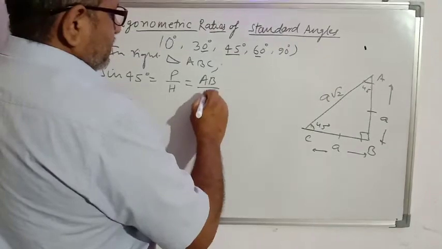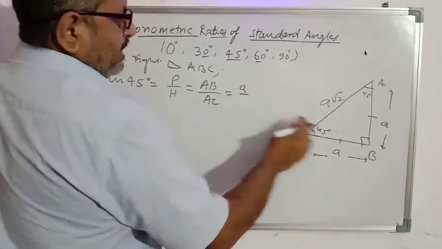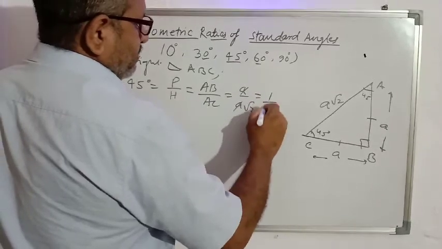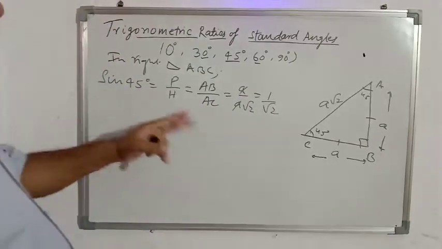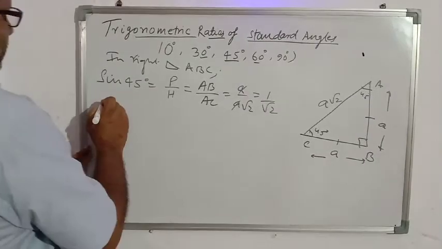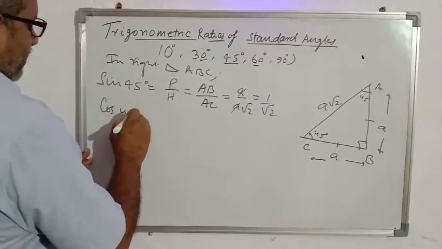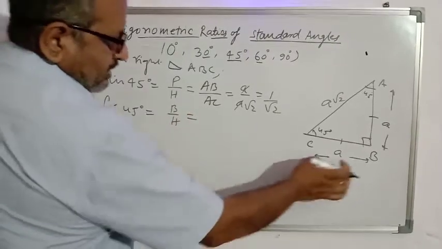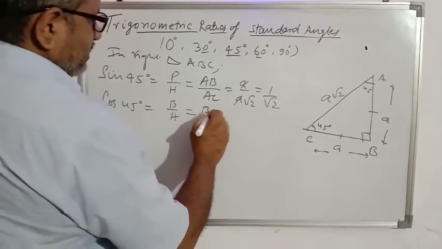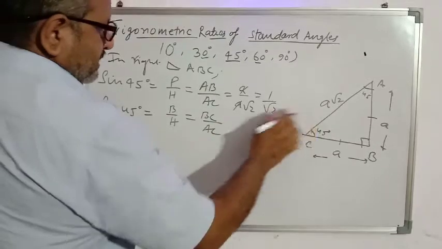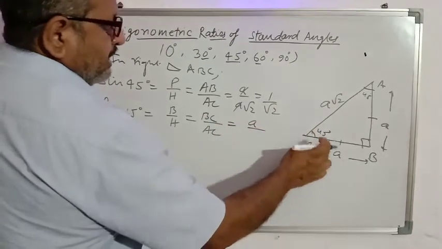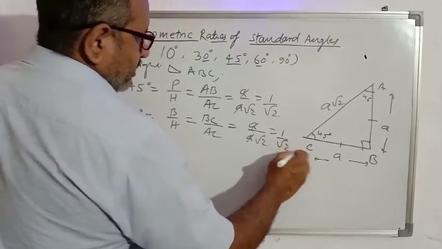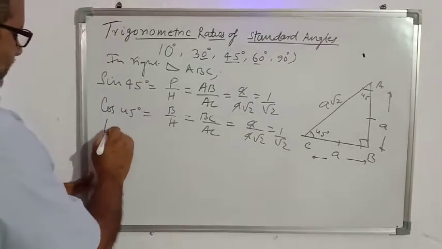AB is A, AC is A root 2. A cancels with A, so 1 by root 2. This is sine 45. Cos 45 is base by hypotenuse. Base is BC, hypotenuse is AC. BC is A, hypotenuse A root 2. A cancels with A, so 1 by root 2.